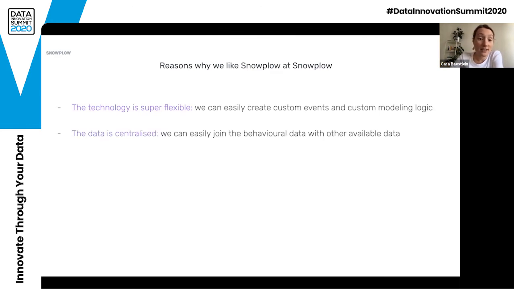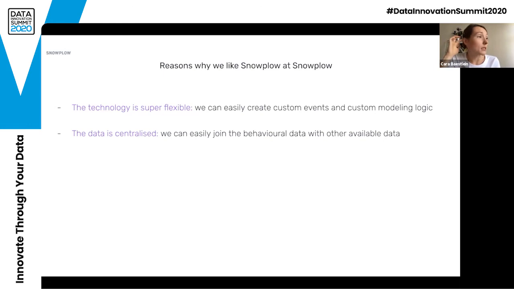The second is that data is centralized. Because the data goes from all of the different places we collect it, it all goes into, we use Redshift, so it goes into our Redshift, but whatever data warehouse you use, it goes into your data warehouse, where you can then also ETL in the data you have from CRM or transactional databases, and also via webhooks ingest other types of data.